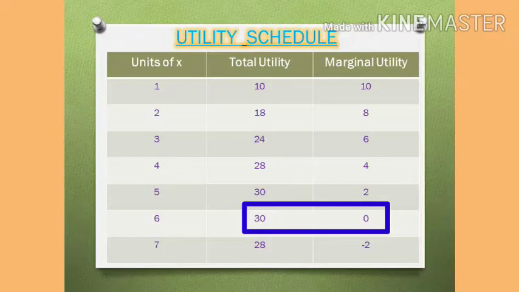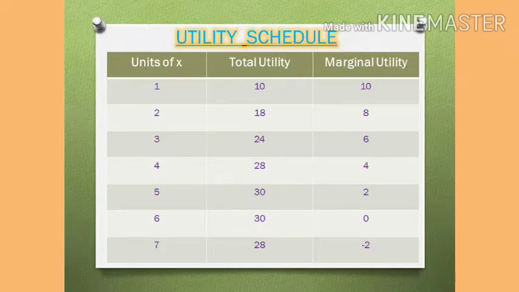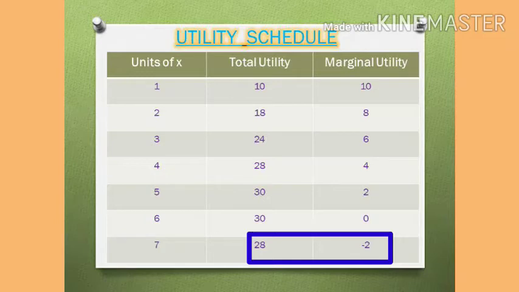Fourth, after this point, any additional unit consumed further results in a decline in the total utility, while marginal utility becomes negative. That is, total utility falls, marginal utility becomes negative.